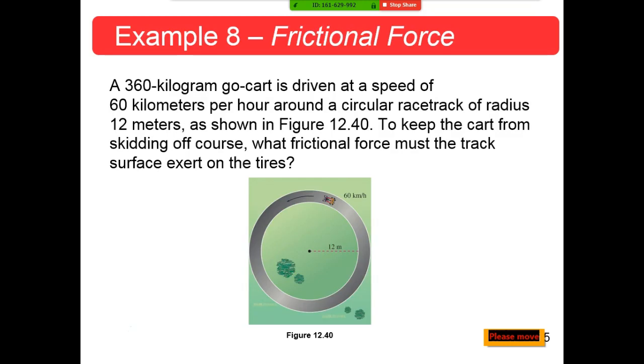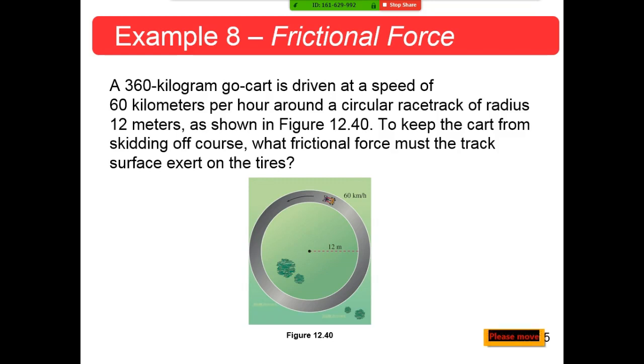Okay, so here we have a 360 kilogram go-kart, driven at a speed of 60 kilometers per hour around the circular racetrack of radius 12 meters, shown here.